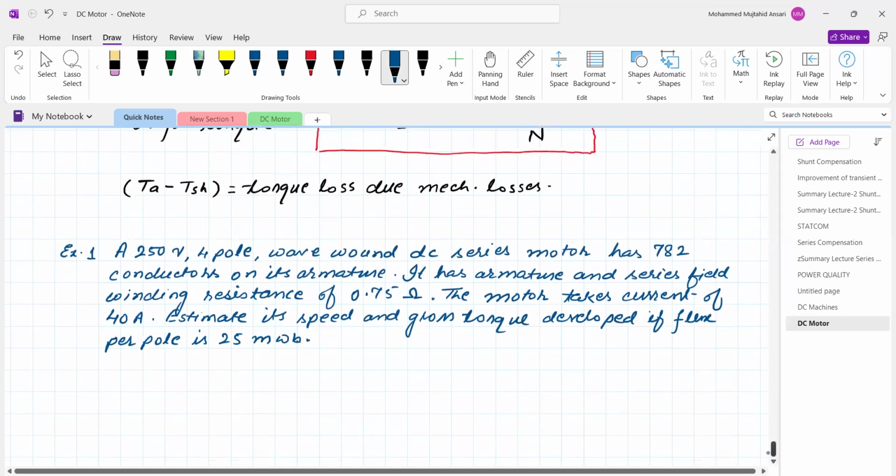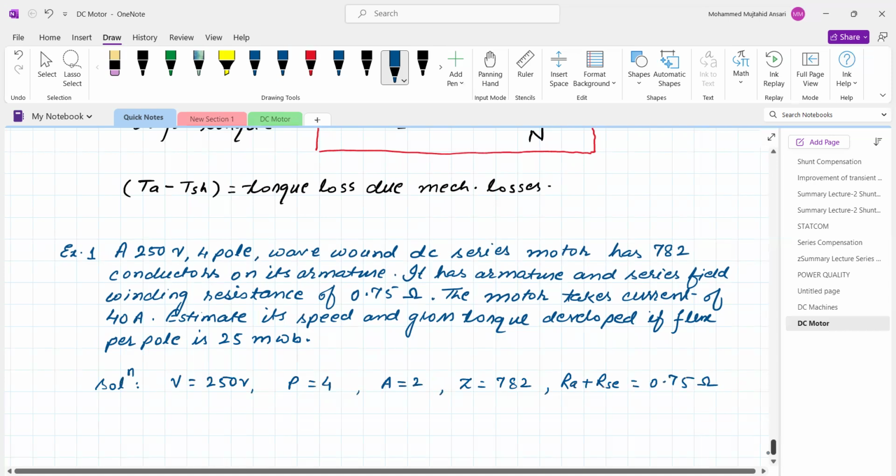So what is given? Here it is given that voltage is equal to 250, P is equal to 4, number of poles, wave wound. Wave wound means A is equal to 2. Total number of conductors is 782, and armature and field resistance Ra plus Rse is 0.75 ohms.